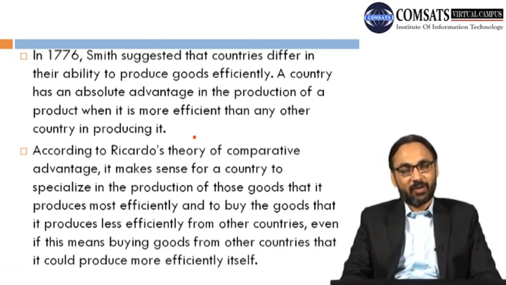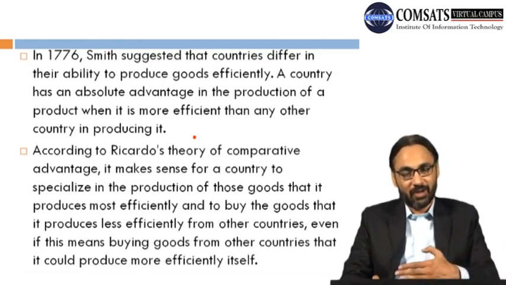Ricardo's theory is based on comparative advantage. If country A is good at producing product A and country B is good at producing product B, then even though country A can produce product B, it is less efficient compared to the other country.